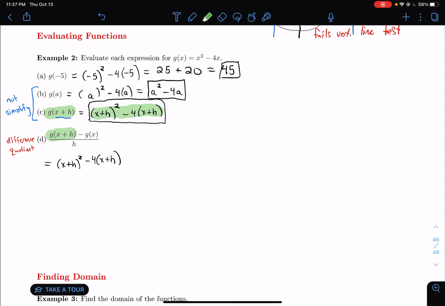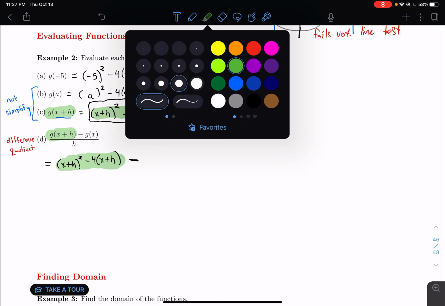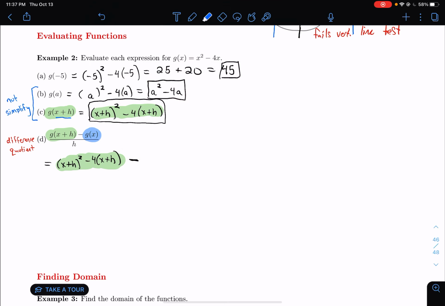Right, that's just what we got when I plugged in x plus h into our function wherever the x was. Okay, so that's g of x plus h. Then I have that minus sign, and that's going to subtract what g of x is. Okay, so I got to subtract g of x. Oh, but g of x, I know what g of x is. G of x is this over here. So I got to subtract that.